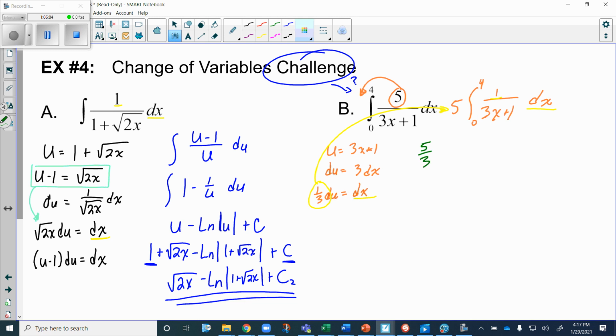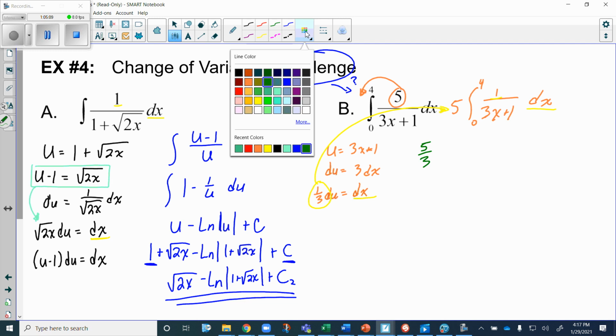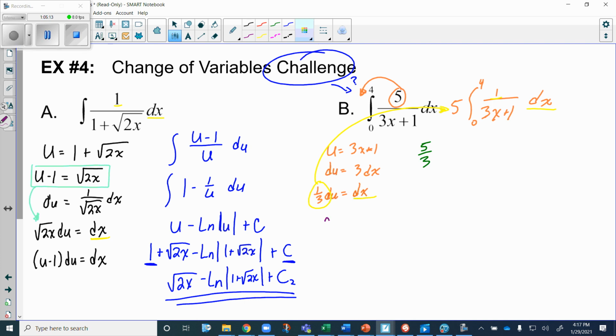I need to get my new upper and lower bounds before I go too far. When x is equal to 0, u is equal to 1, and when x is equal to 4, u will equal 13.